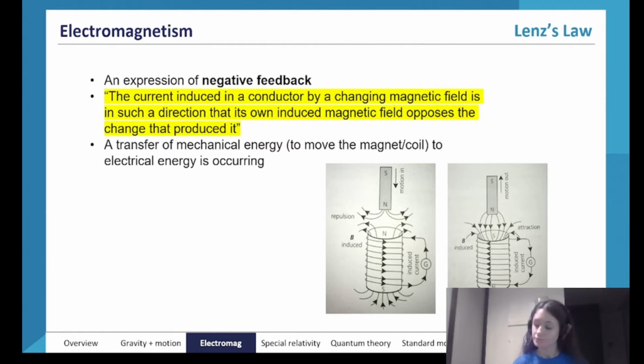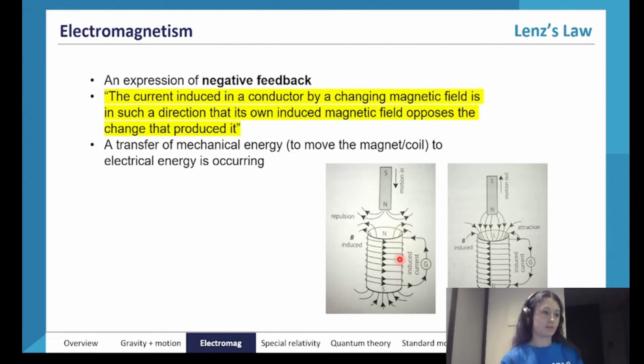So, here we have our solenoid, and as you can see, the magnet is moving in. When the magnet is moving into the solenoid, the current is going to be induced to oppose that motion, right?